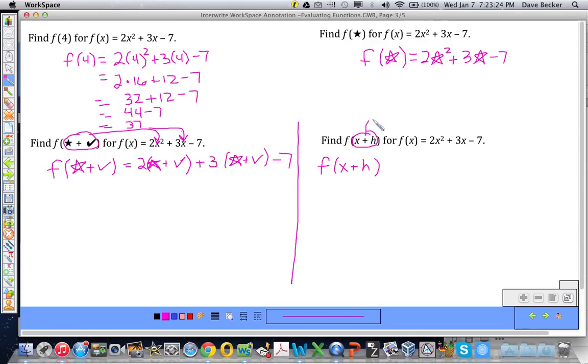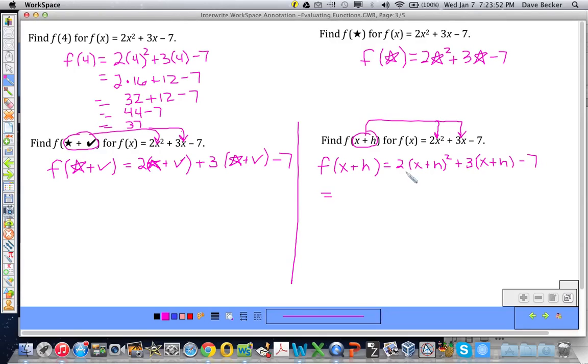I'm just taking this and I'm putting it in for the x here, and I'm putting it in for the x here. Again, the 2 here stays, the squared stays, and the 3 stays. So this would be 2 times x plus h, the quantity squared, plus 3 times x plus h minus 7.